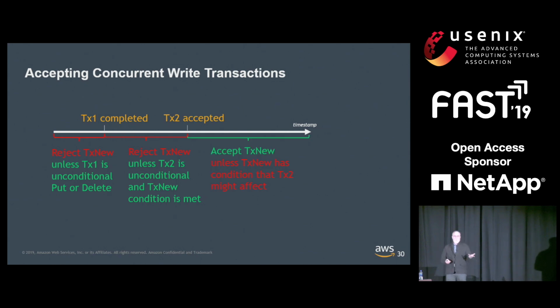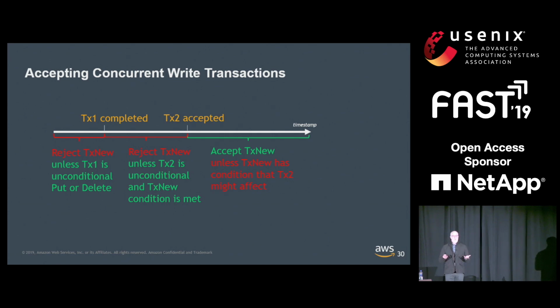And then the final scenario, of course, is the new transaction. This is probably the most common case, right? Because you expect timestamps to go forward. If the new transaction comes, it has a later timestamp than the already accepted one. Can we accept it? Again, it depends on whether it has a condition.